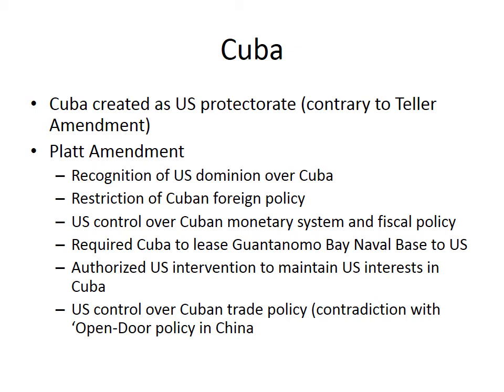The United States prohibits the Europeans from having free trade in Latin America and specifically in Cuba. So it's a contradiction. If you entertain the idea that the Europeans should allow free trade in China, then you have to entertain the idea that you're going to allow free trade in Cuba and Latin America. But again, we see this contradiction.